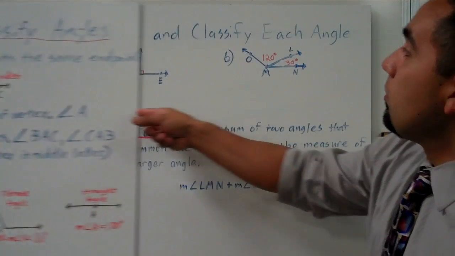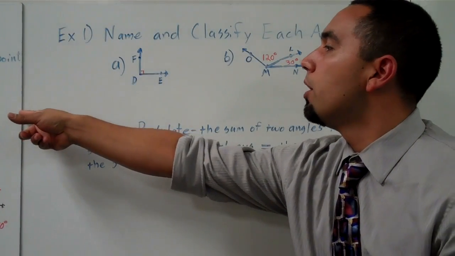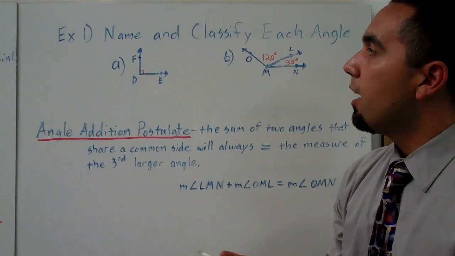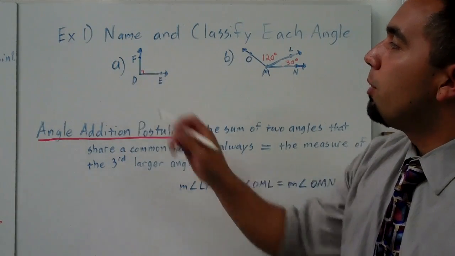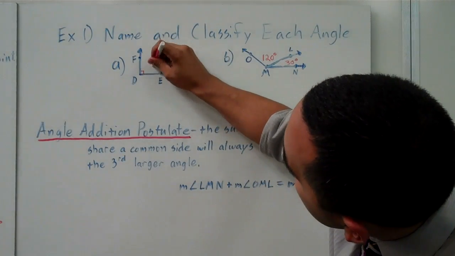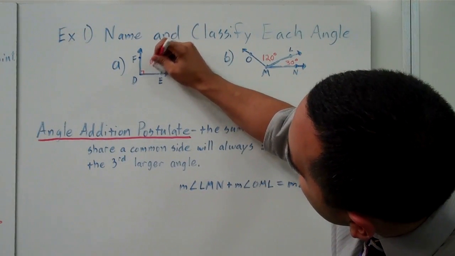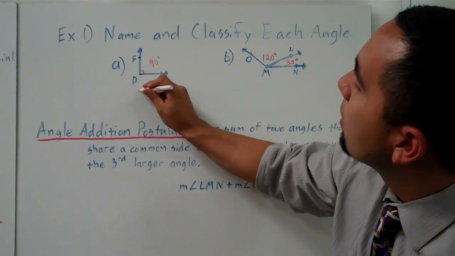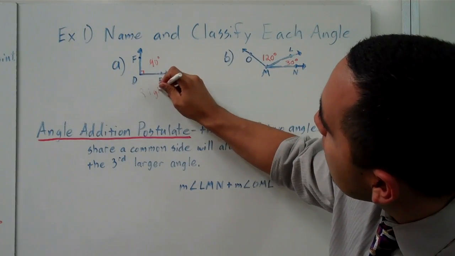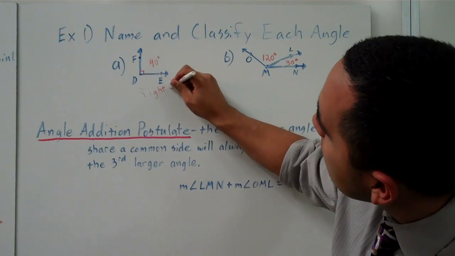So let's take a look at some examples. Example 1, it says name and classify each angle. If I look at A, what I have there is that little box. And remember, we said that is 90 degrees. This is a right angle. So I just classified it.